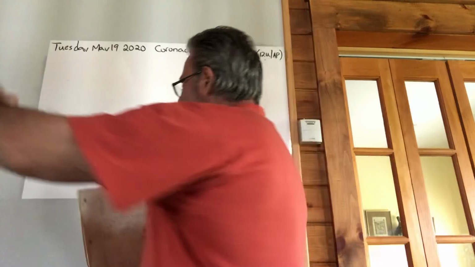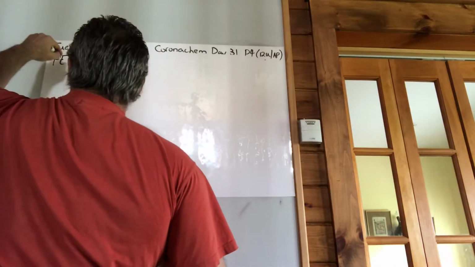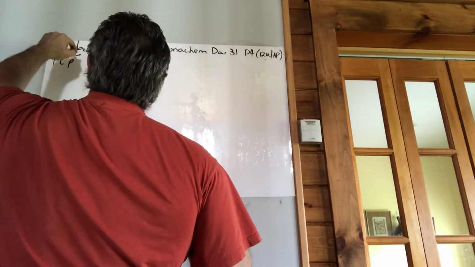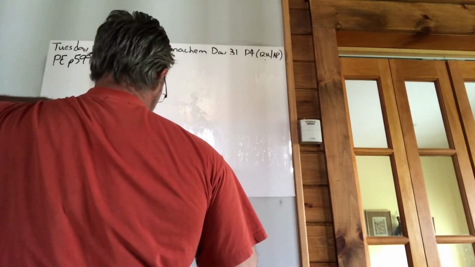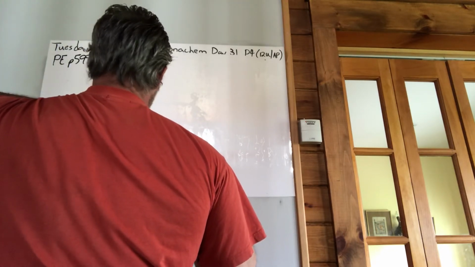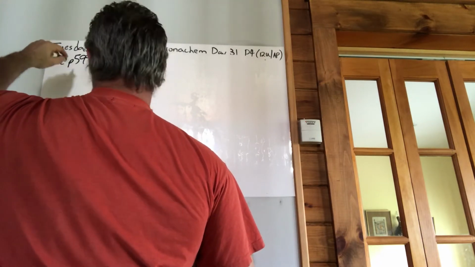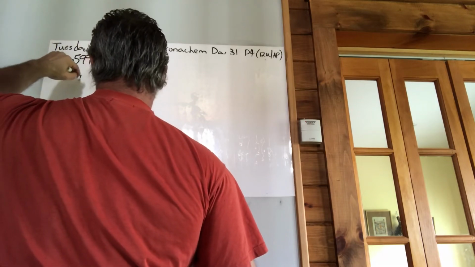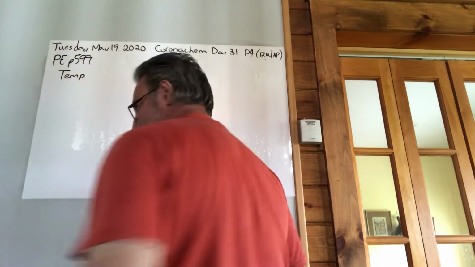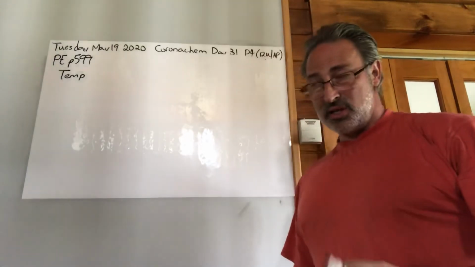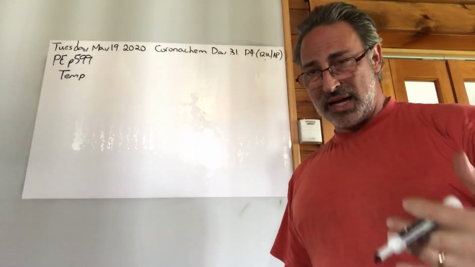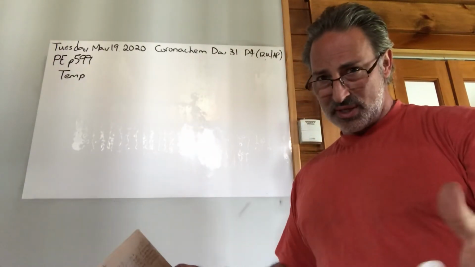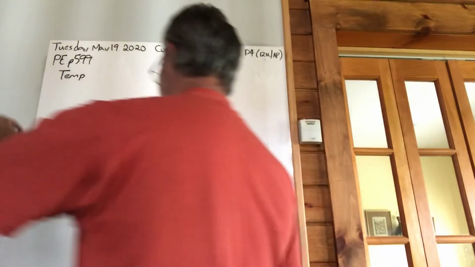But on page 599, practice example, you're going to set it up this way. This is how I did it to solve it. I made a chart, because whenever you want to make a graph, it's important to make a table of values that you're then going to decide which ones to plot. So I had the temperature.